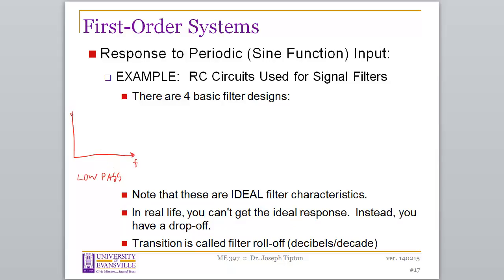For my magnitude ratio, there's 1. It passes all frequencies up to some sort of a cutoff. So there's the cutoff frequency. We have our pass band, and then we have our stop band.